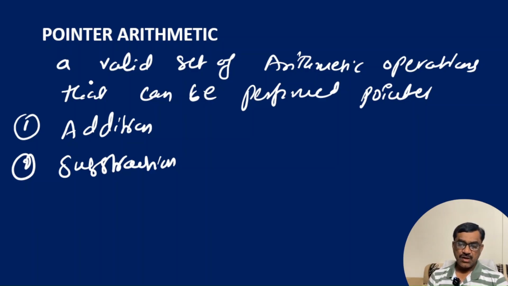Are all the addition operations possible, or all the subtraction operations? We will see that one by one. After that, we go for the comparison operators that can be performed on pointers.